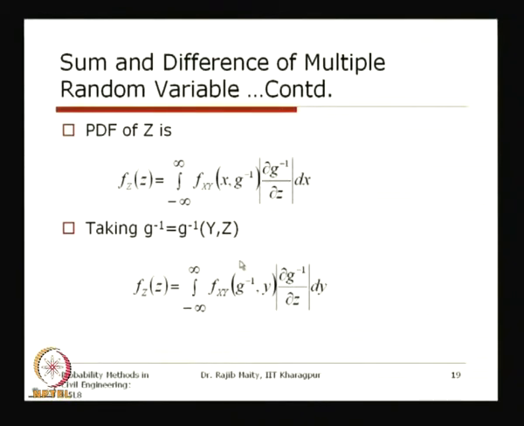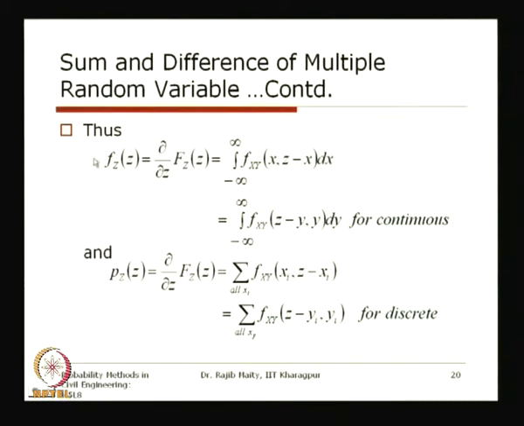For the time being, the PDF can be expressed through this integration over the entire range with respect to x by taking this Jacobian, that is, the partial derivative of g inverse with respect to z, and you can do it with respect to y as well.